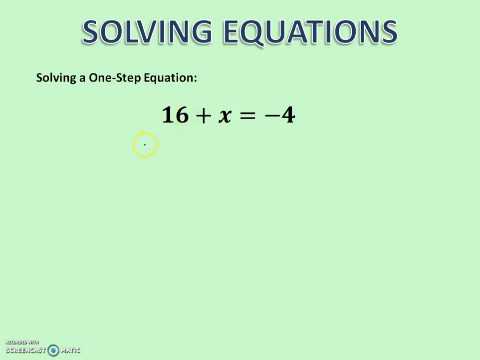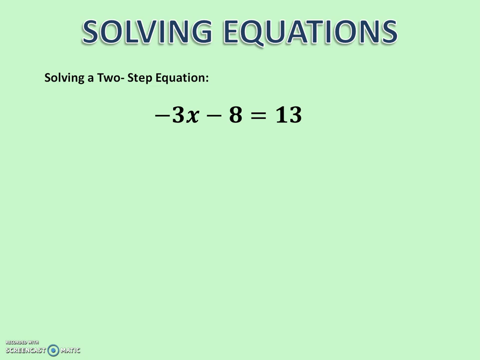We do this by subtracting 16 from both sides, meaning each side of the equal sign. The 16s on the left cancel, leaving us with just x equals, and then we calculate negative 4 minus 16, which leaves us with negative 20 as our answer.